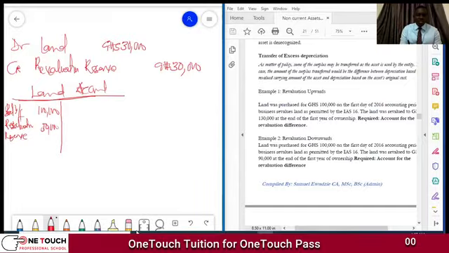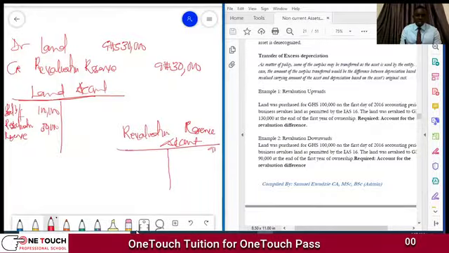and credit the revaluation reserve account. We credit it in the name of land, 30,000.